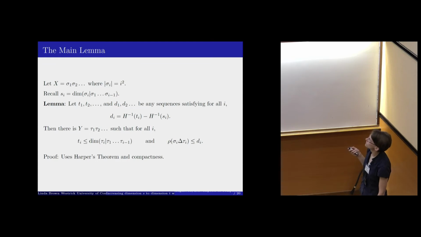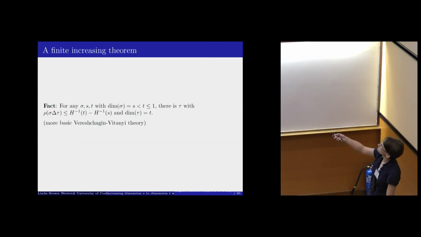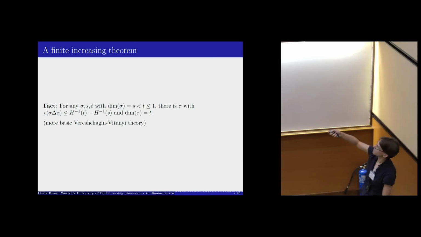So notice that if the t_i are equal to 1, then we're looking at h inverse of 1. So we're looking at 1/2. So that gives us 1/2 minus h inverse of s in the case when t is equal to 1. But the finite fact about starting out with an arbitrary sigma that has dimension s and increasing it to dimension t is that in general the distance that you need is h inverse of t minus h inverse of s.